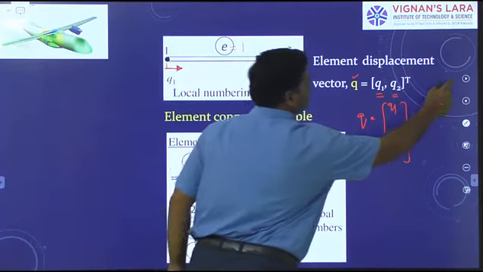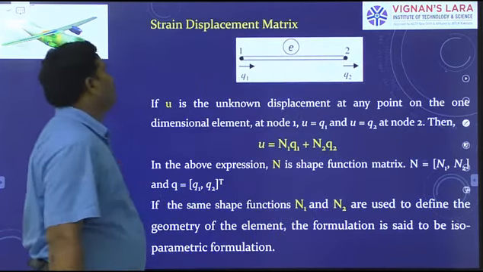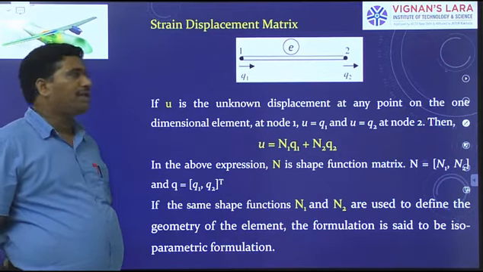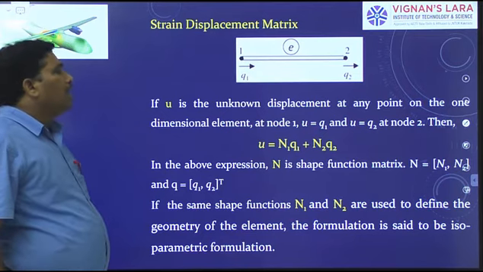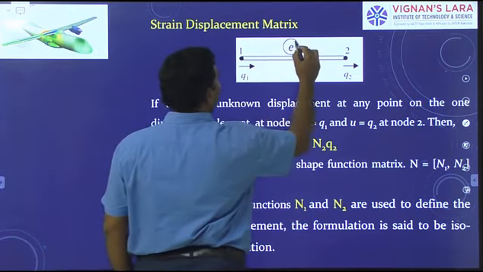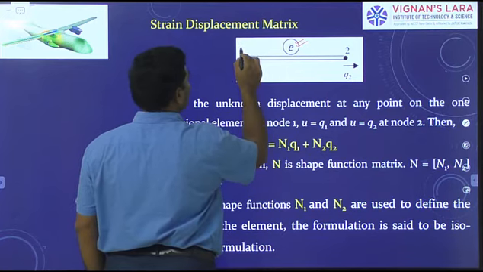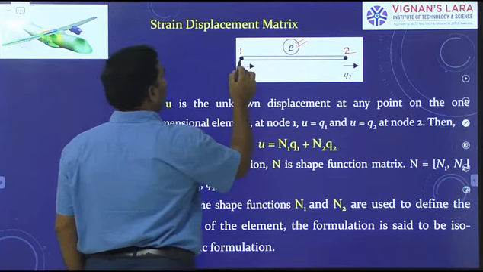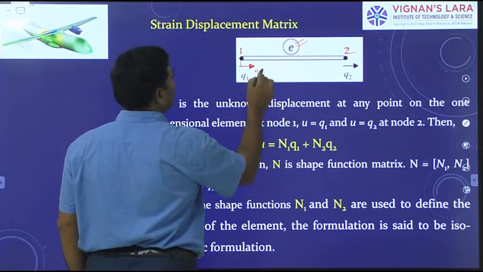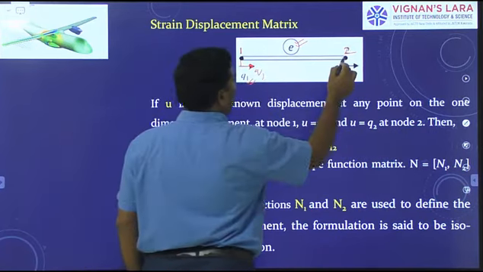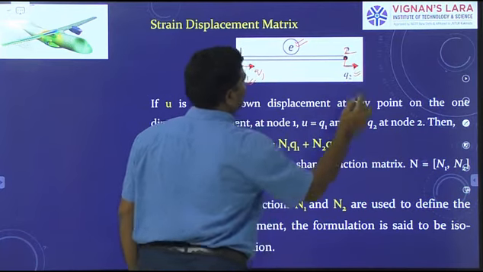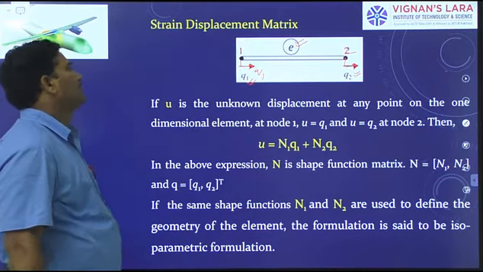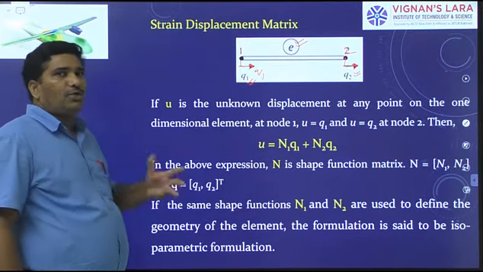Okay. Now, we derive the strain displacement matrix. Again we consider a one-dimensional element which connects two nodes, node 1 and node 2. Node 1 has the displacement q1, and node 2 has the displacement q2. q1 and q2 are the nodal displacements.